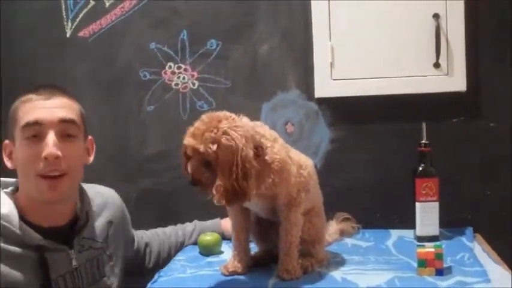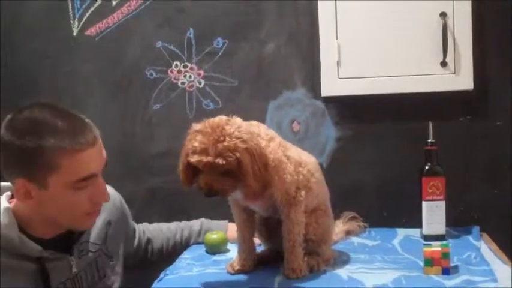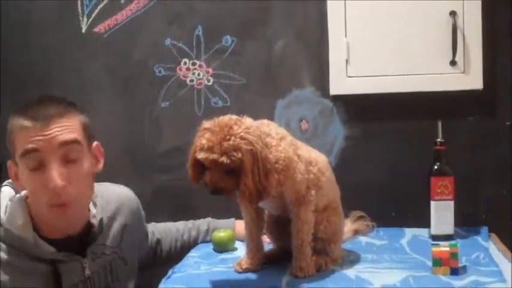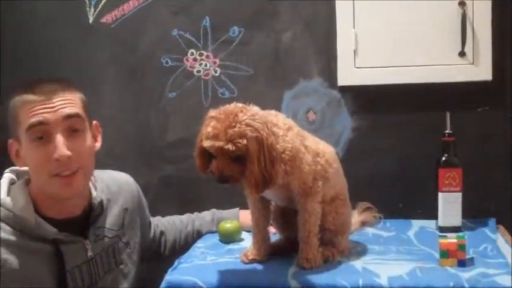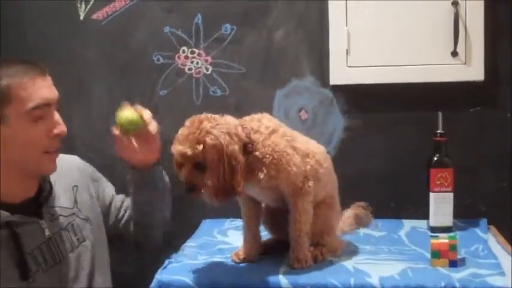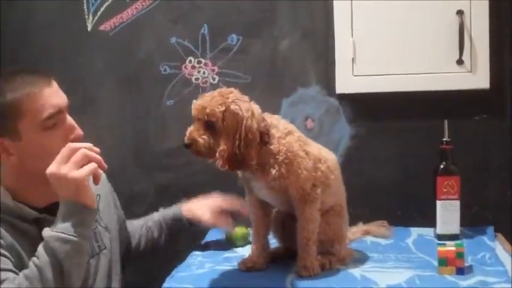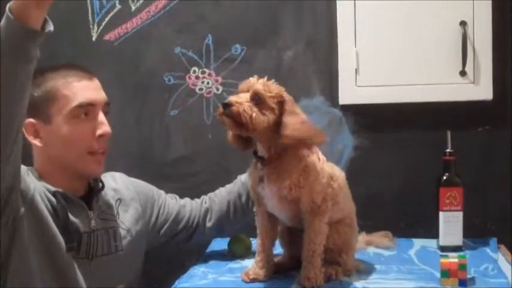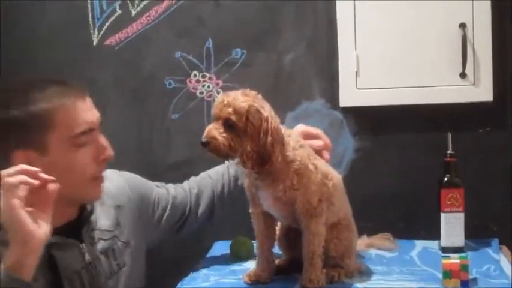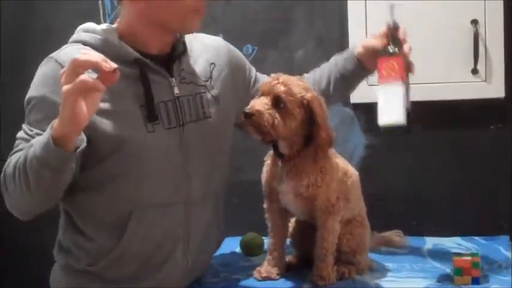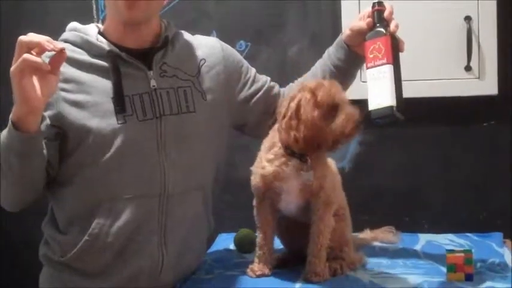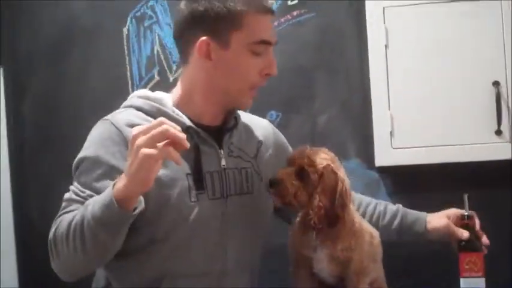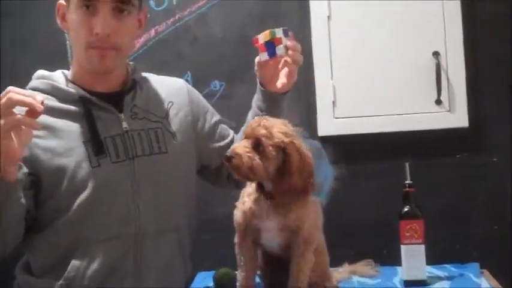We're going to talk about atoms, and up here on the table I've put four things that are probably about as dissimilar as you could possibly get. I've got an apple. I've got my dog, Grizzly. He really wants the treat. I've got a bottle of olive oil, great for cooking, and a speed cube.